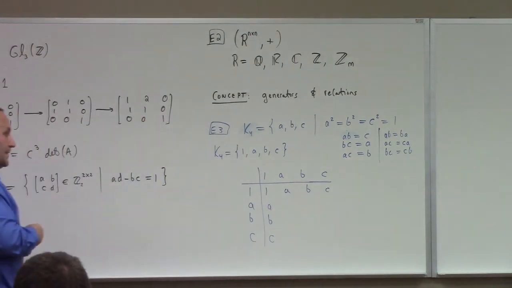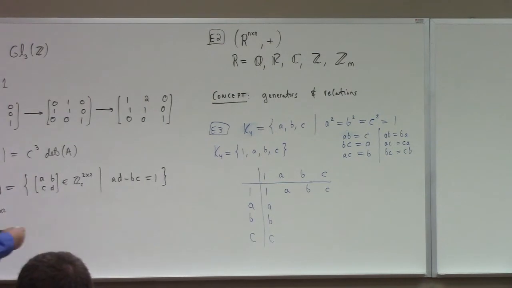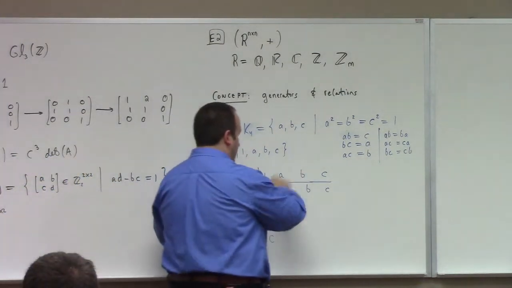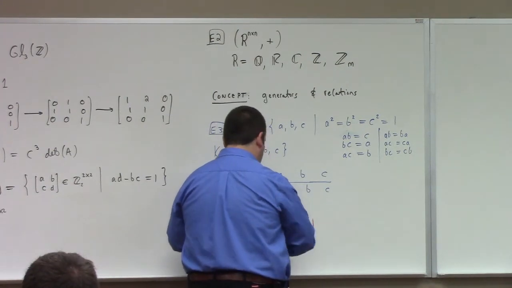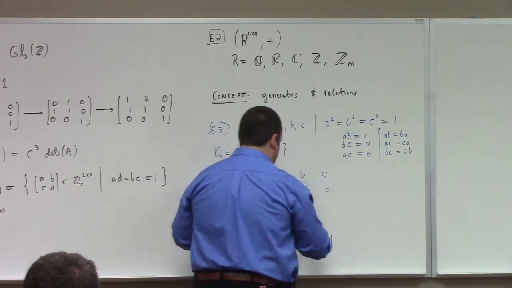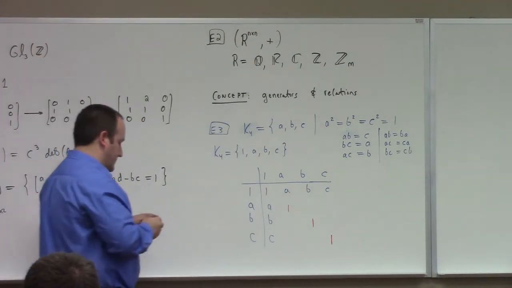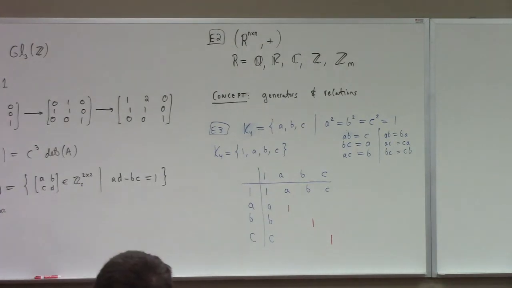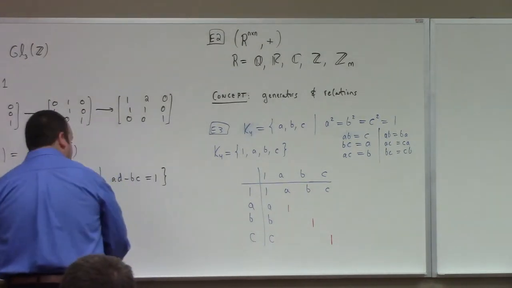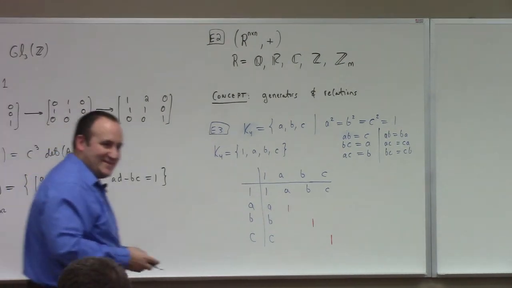Okay, then what do I have? From the generators and relations, I'm given that A times A is 1, B times B is 1, C times C is 1, AB is C. I'm sorry, this is kind of a dumb example of generators and relations, because I've pretty much written every single thing in the Cayley table in the form of a relation.